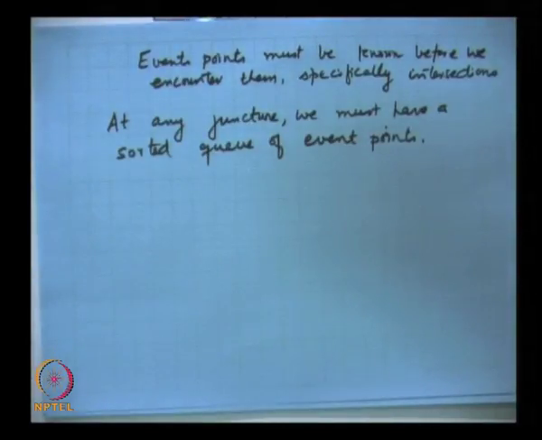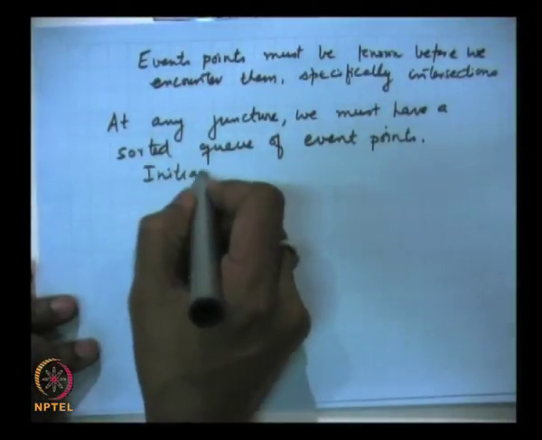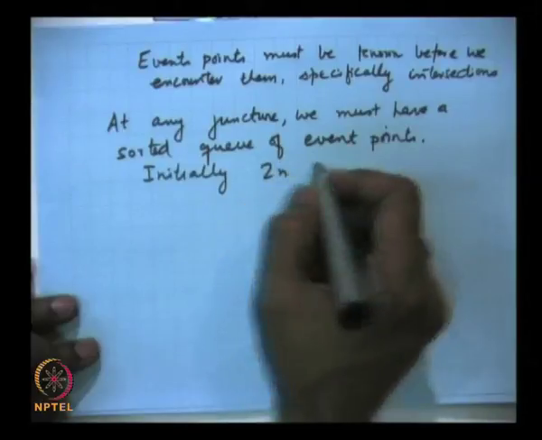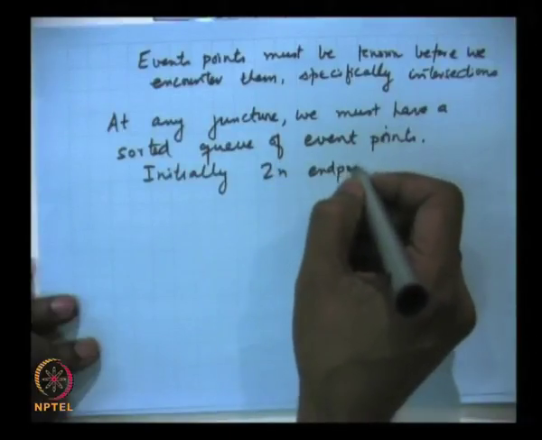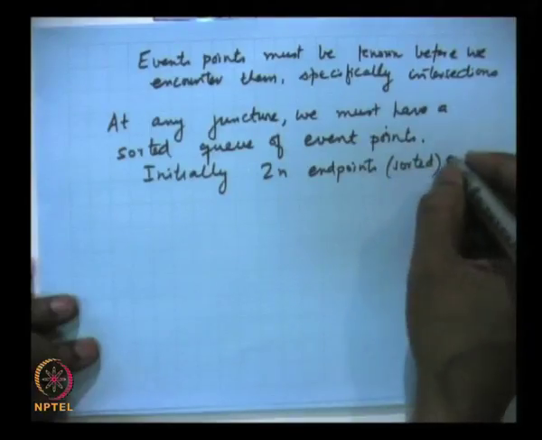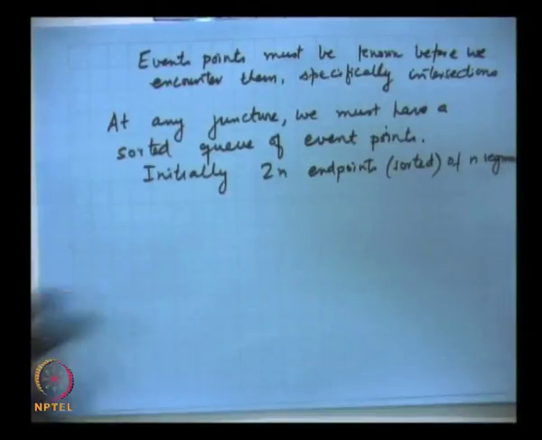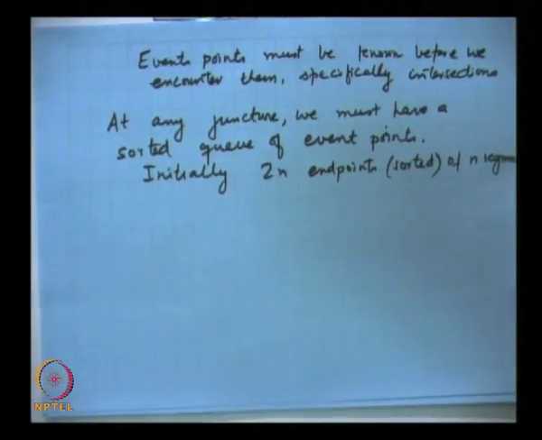So my initial event queue is the sorted order of all the endpoints of the line segments: 2n endpoints, of course, sorted in the right order, of n segments. So this is my initial event queue for this line sweep.